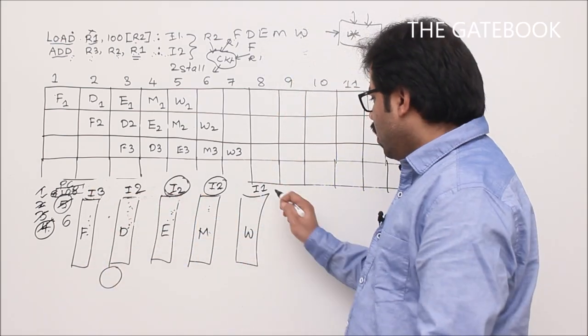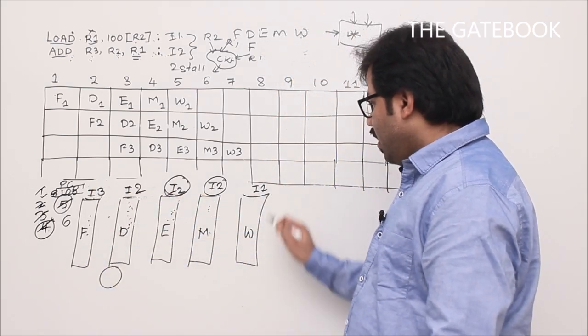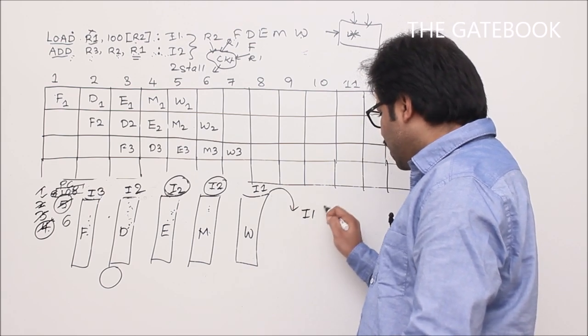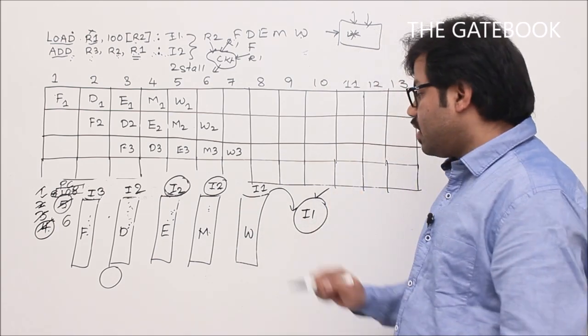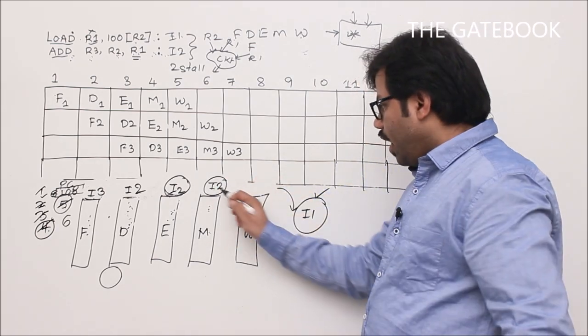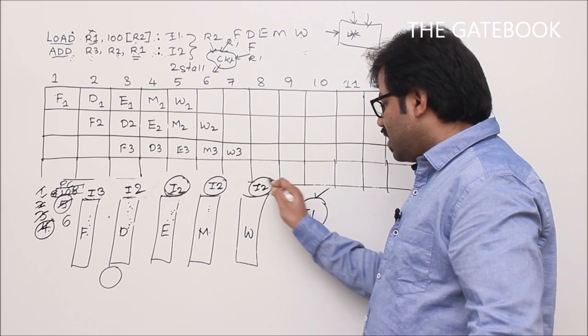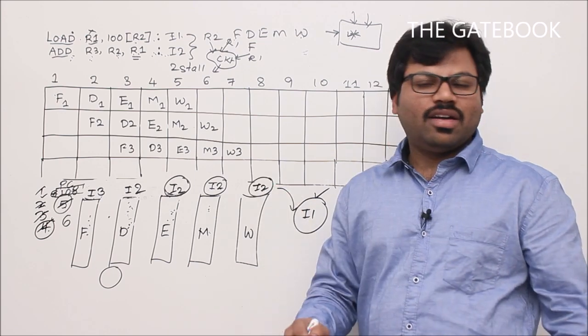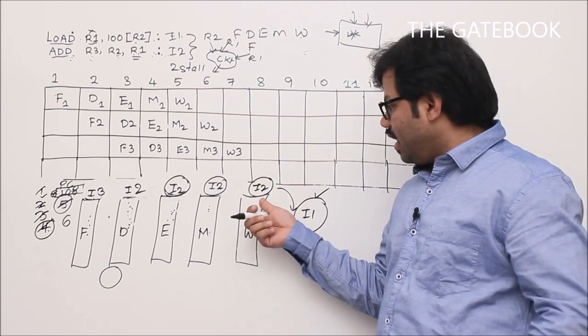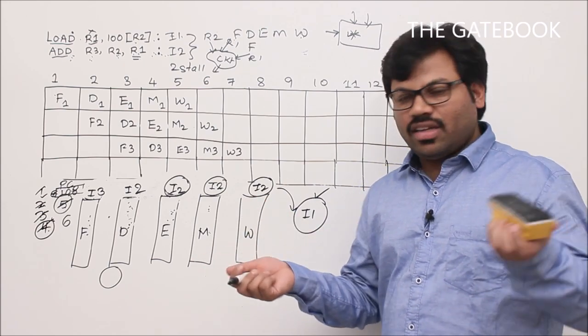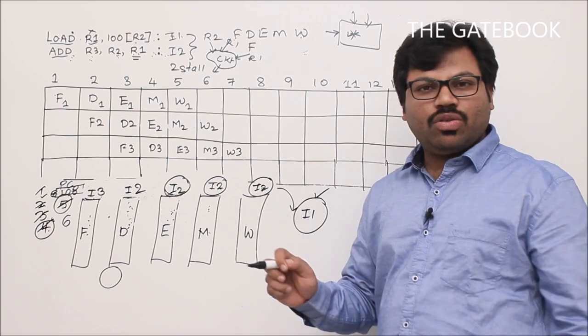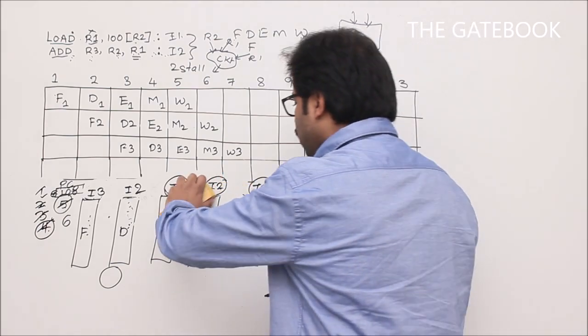See what happens. At the 6th clock cycle, I1 says yes, I got executed. Now I2 will be moved. The dummy instruction I2 will do write back, but because no control signals are there with it, there is no effect on anything. So nothing will happen because of I2. Then this is empty now.